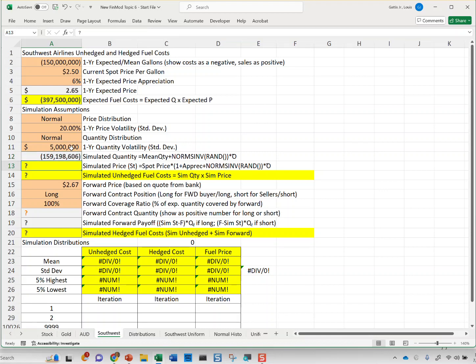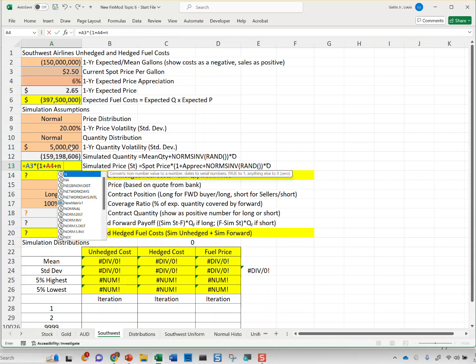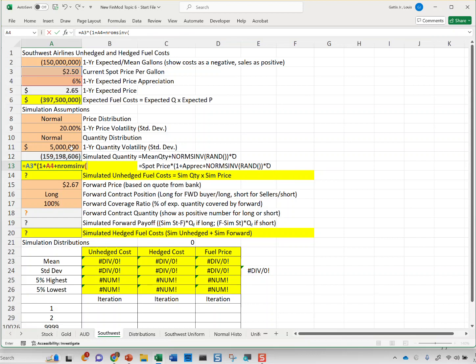And then we're going to simulate spot price. So the spot price we're going to use is 250 times 1 plus the appreciation, 6%, plus NORM.S.INV(RAND()). That's the random normally distributed standard number, times the standard deviation of appreciation.